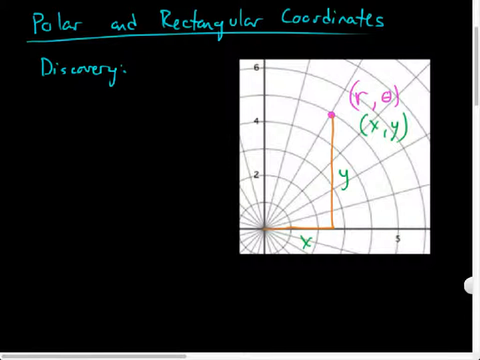In order to do so, let's think about this. What distance is this purple line in terms of my previously labeled locations? Oh yeah, this would equal the square root of x squared plus y squared. What about polarly speaking? What's this length?